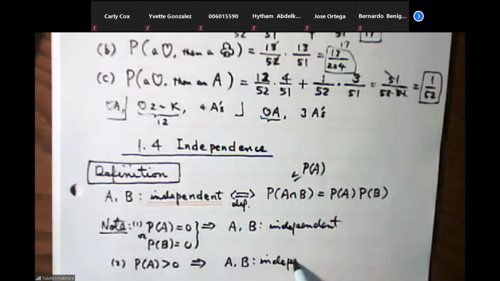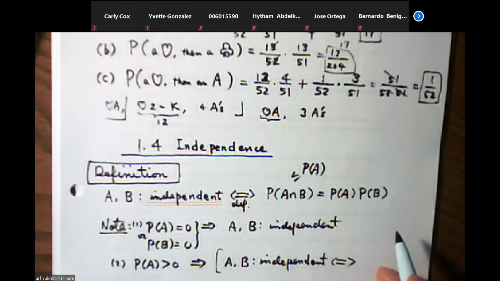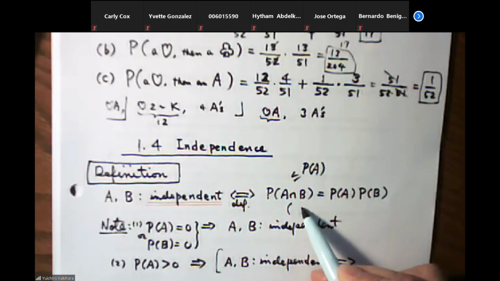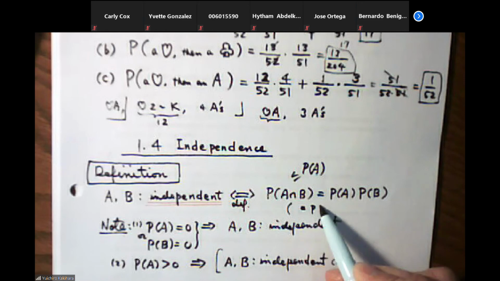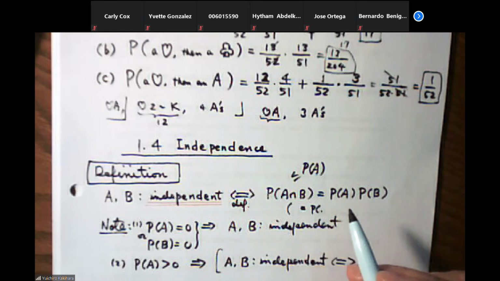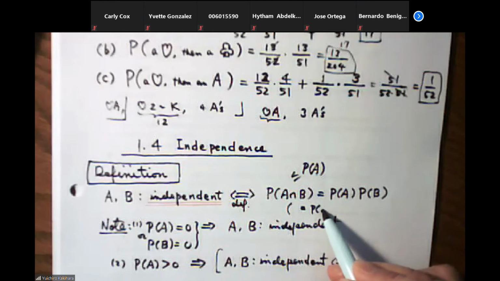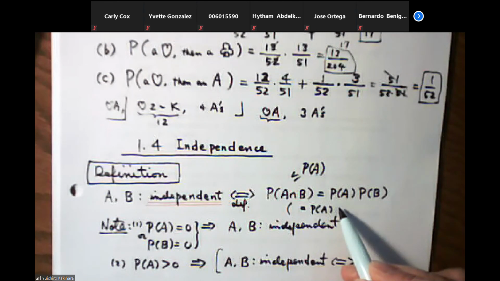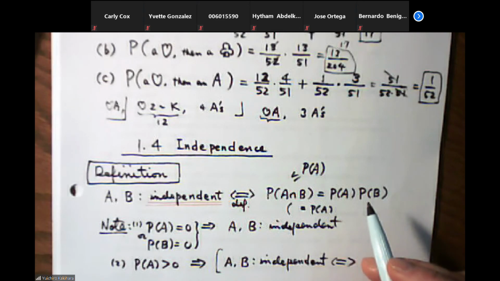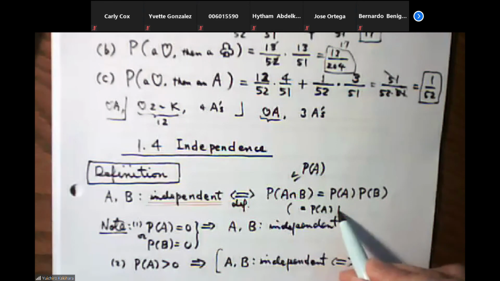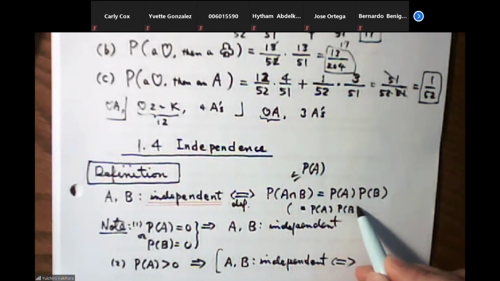In general, this probability, the intersection of A and B, by the multiplicative rule, is P of A times P of B conditioned by A. Is that right?